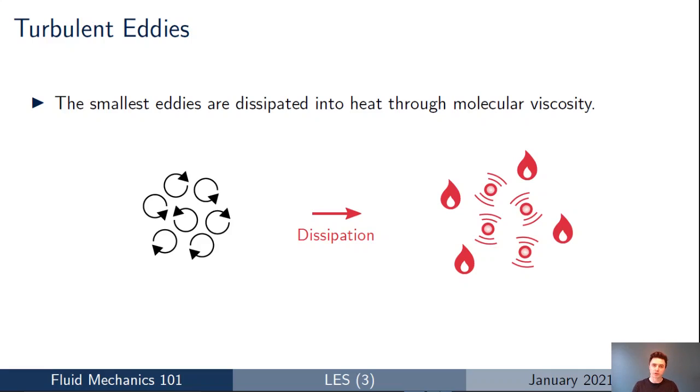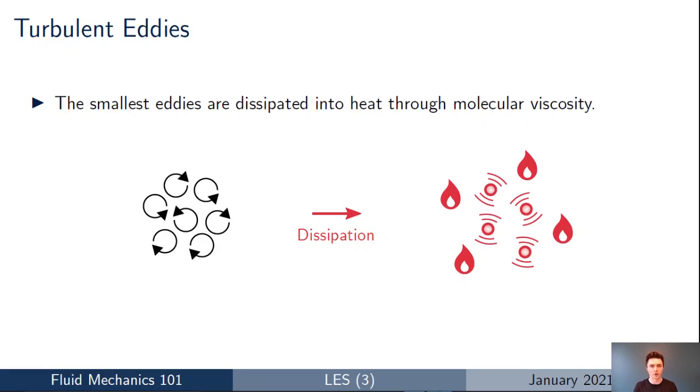The eddies get smaller and smaller until we reach the smallest eddies, which are dissipated into heat by the action of molecular viscosity. So we have this cascading action of the large eddies continuing to break down into smaller and smaller eddies until they're small enough that those eddies are affected by molecular viscosity, which dissipates that energy into heat.